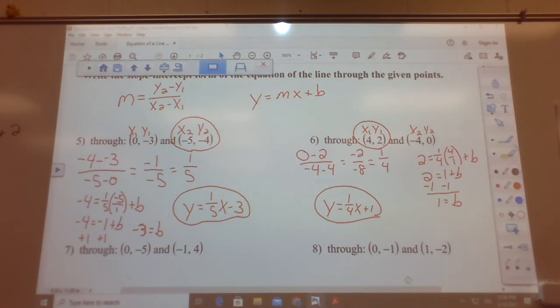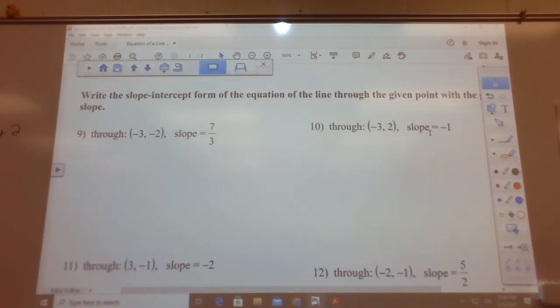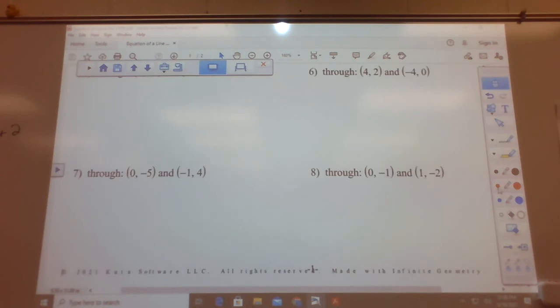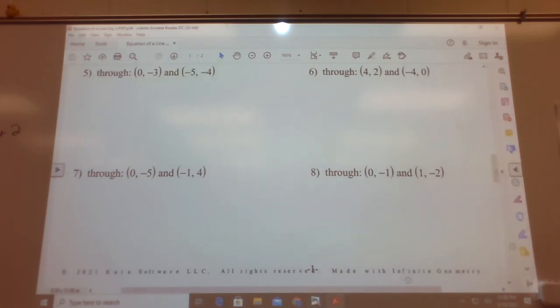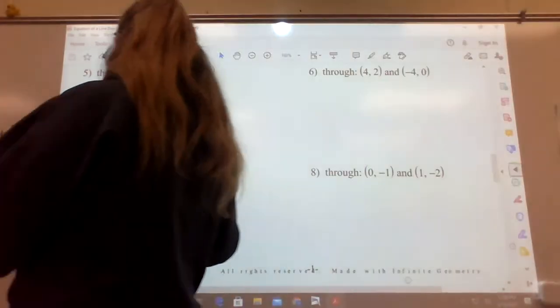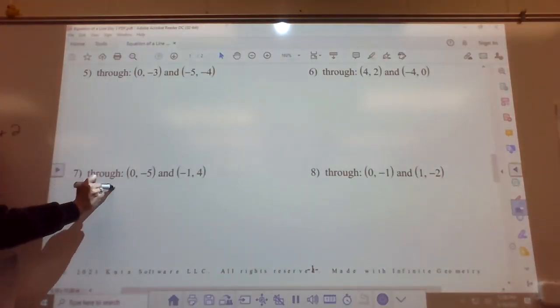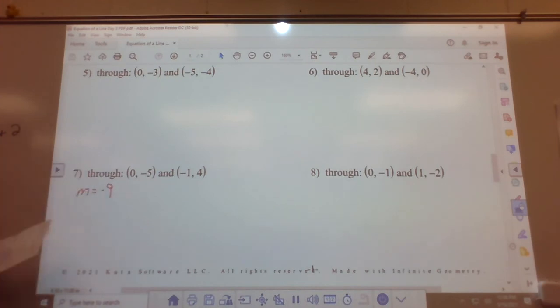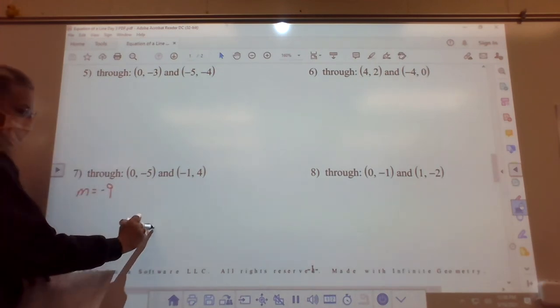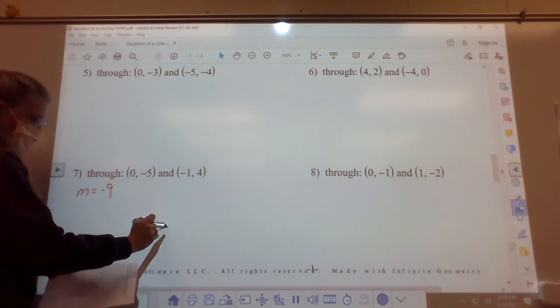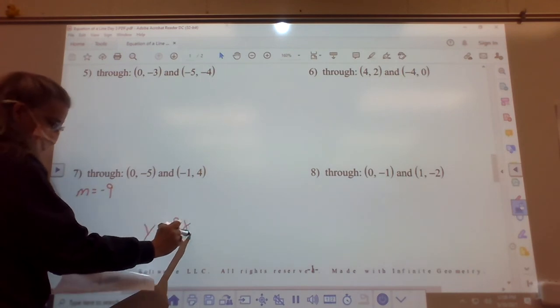7, 8. I want you guys to try 7 and 8. I'm going to go ahead and put both answers up here so that way you know if you're getting it right. So you end up getting a slope of negative 9 or negative 9/1, same thing. Your final answer ends up giving you y equals negative 9x minus 5.